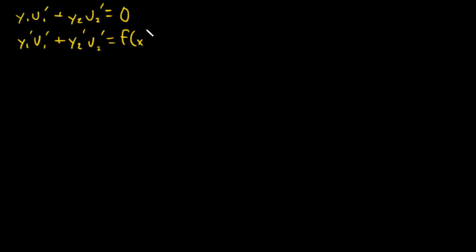Okay, so let's put the little box up at the top. We have y1 u1 prime plus y2 u2 prime equals 0, and y1 prime u1 prime plus y2 prime u2 prime equals f of x. Okay?